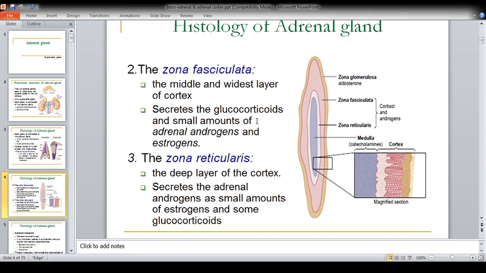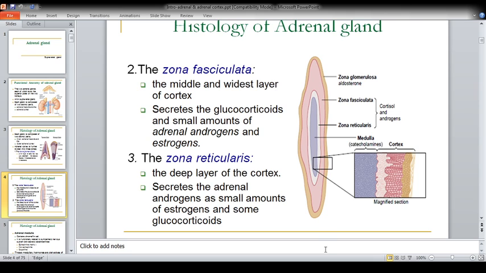And then there is the zona reticulosa, which is the innermost zone, which secretes adrenal androgens. Zona reticulosa is also known as zona reticularis.